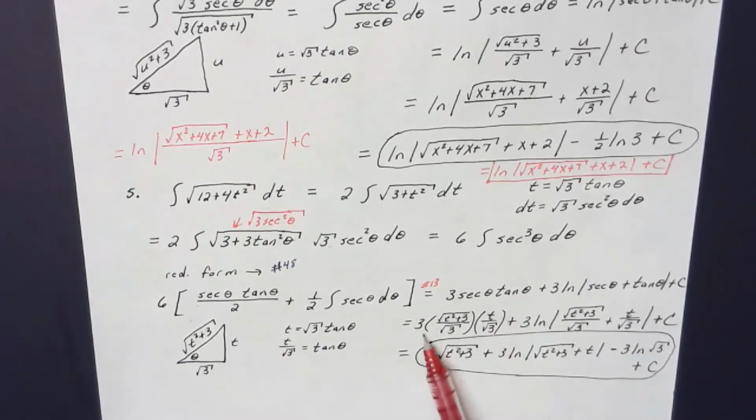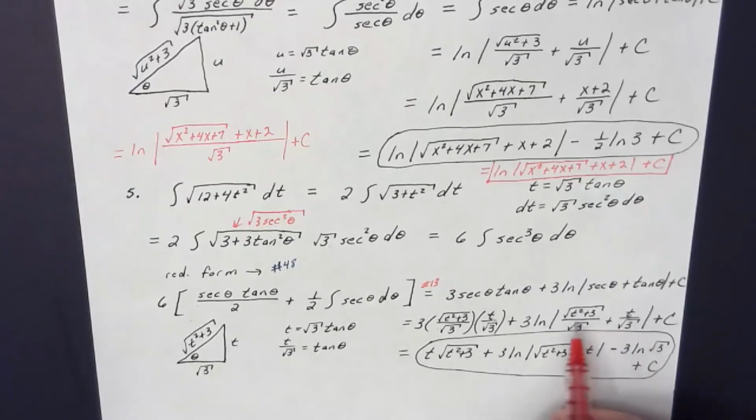We multiply those in there. The 3 cancels out those two roots of 3's in the denominator, and I just have t times the square root of t squared plus 3, plus 3 natural log. Now, notice what I've done here, guys. I knew that this numerator would have both of these terms, the square root of t squared plus 3 plus t, and I knew that my common denominator would be the root of 3.